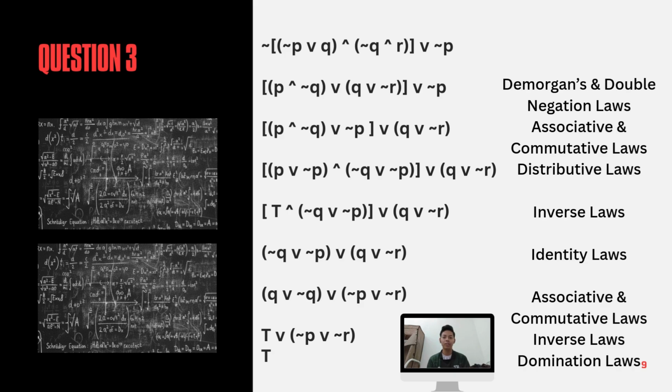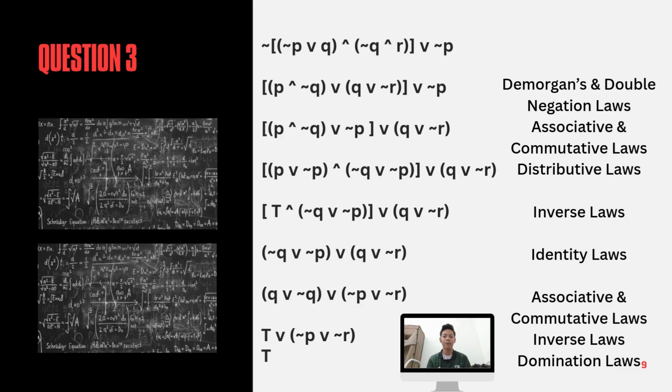Next, look at the not P at the very end. We want to combine it with P at the front. We use the associative and commutative laws to shuffle the terms around so they sit next to each other. Now we apply the distributive law.